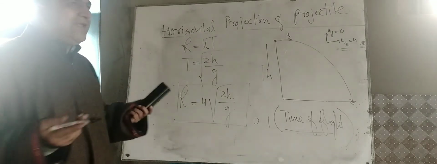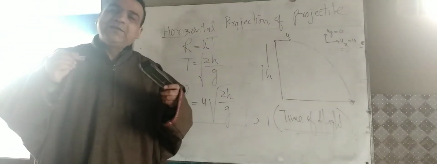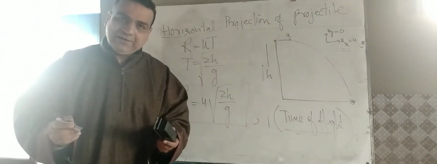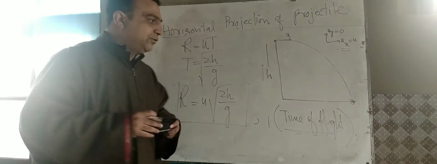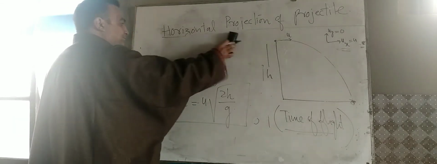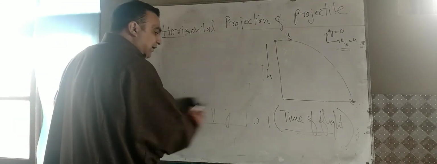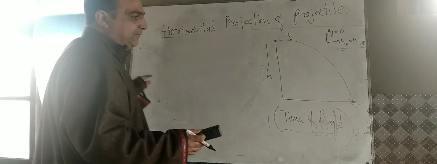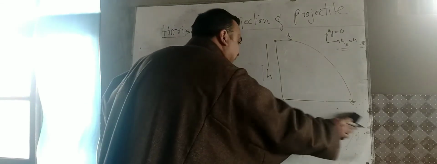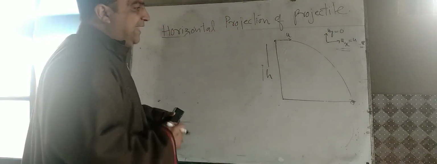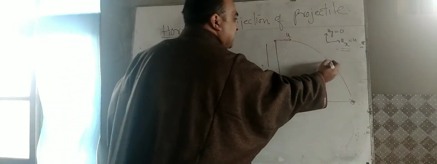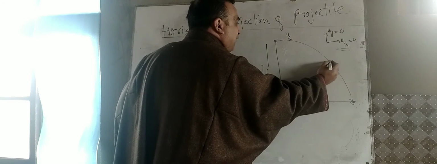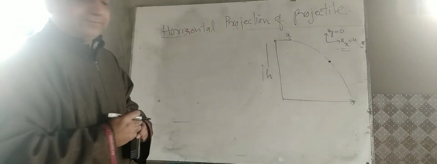So what is range? Range is the total horizontal displacement of a projectile, referred to as horizontal range. Now, let us calculate velocity at any instant of time. That means, suppose at this point I want to calculate the velocity.